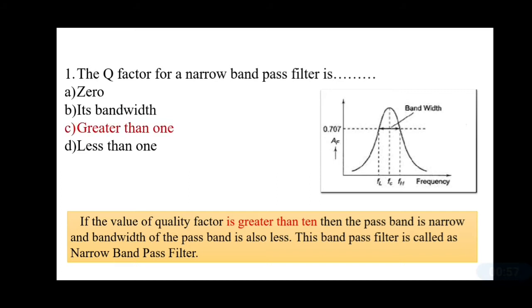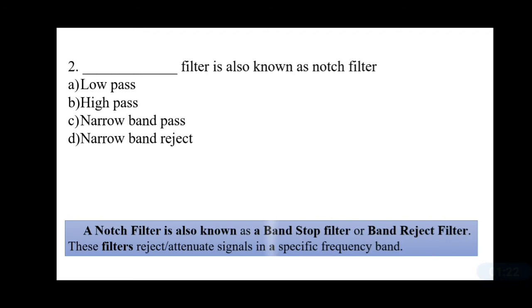Next question. Dash dash filter is also known as notch filter. This type of question is many times asked in university exams. Option A low pass, option B high pass, option C narrow band pass and option D narrow band reject.